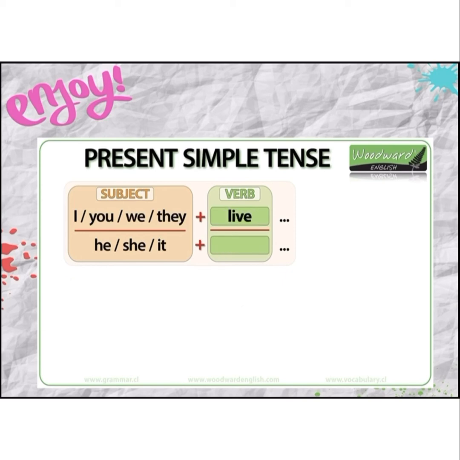Let's look at another verb. We say, I live, you live, we live, they live, but for he, she, it, we use lives with an S at the end. The S is necessary at the end of a verb when the subject is he, she, or it. He lives, she lives, it lives. Look at these examples.